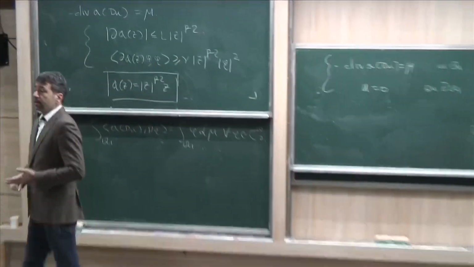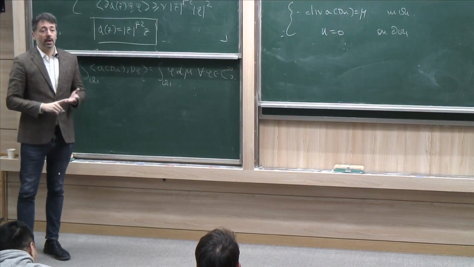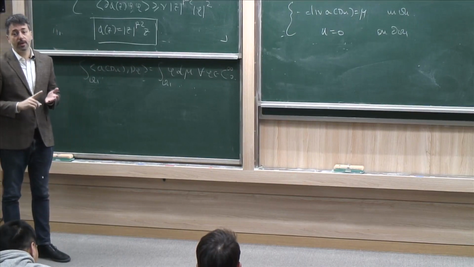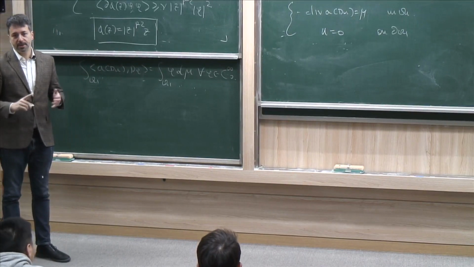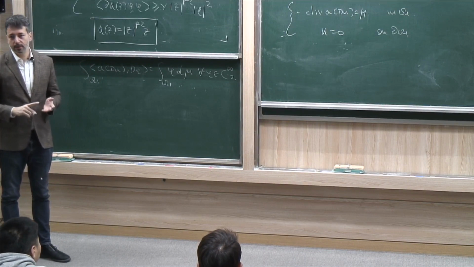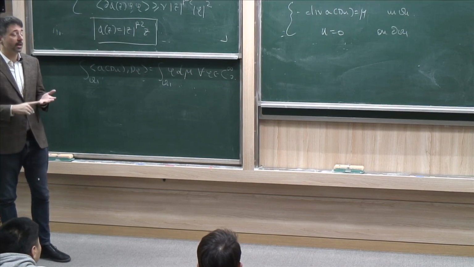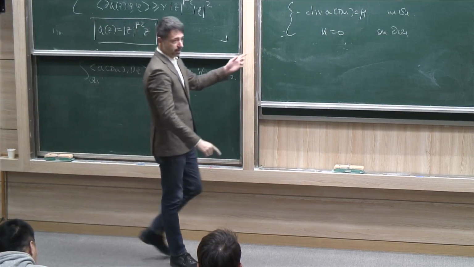Now, it's a matter of fact that distributional solutions are not good for deriving estimates, because essentially you don't know where to test with. You don't know where the solution is. And on the other hand, you want to prove existence for this.